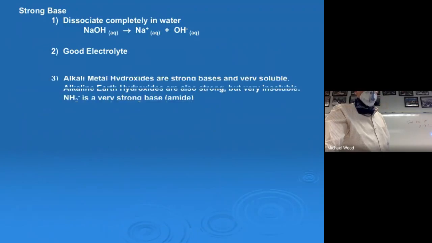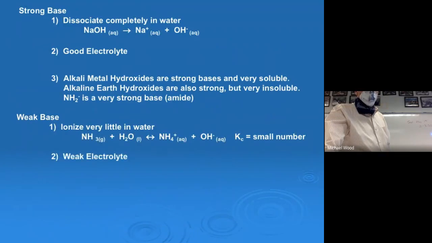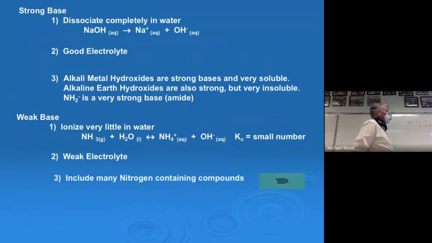Okay, so strong bases are going to be, again, another list. I'm going to give you another list to memorize here.